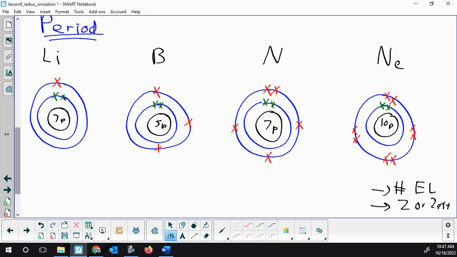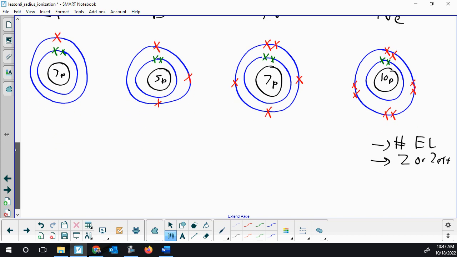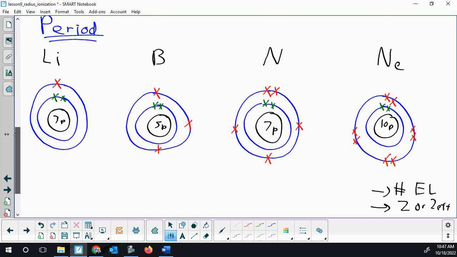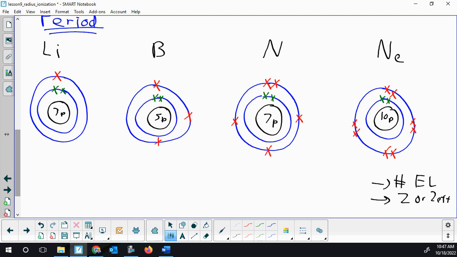In our group trend, the energy level was what kicked in first. There was a total difference in energy levels going up or down a group. For going across a period, the energy level is the same. So we want to look at Z effective as we go across. We're not going to see a big size difference.